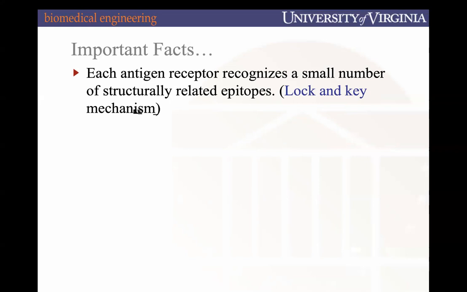Some important key facts here are that we talked about how each antigen receptor recognizes one and only one antigen, or one and only one epitope. Largely true. Again, immunology is a little complex. Oftentimes, what it comes down to is that we'll bind only to structurally related epitopes.